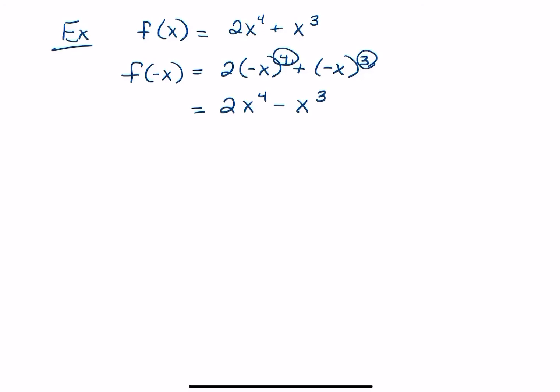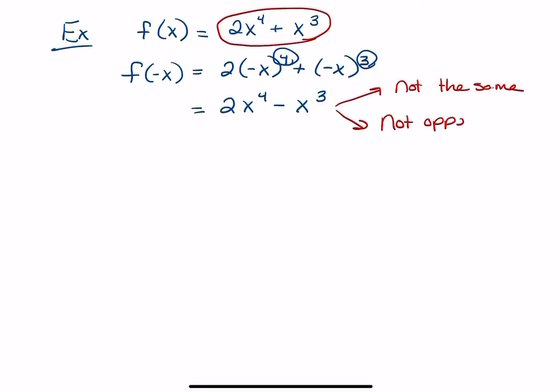So notice here, if I compare it to the original, it's not the same, and it's not completely opposite. To be completely opposite, this would have to be negative also, and it's not.